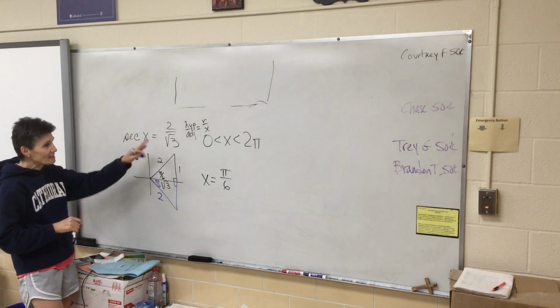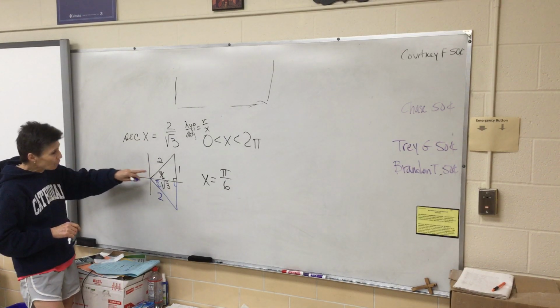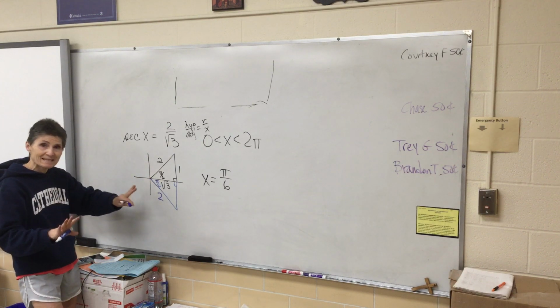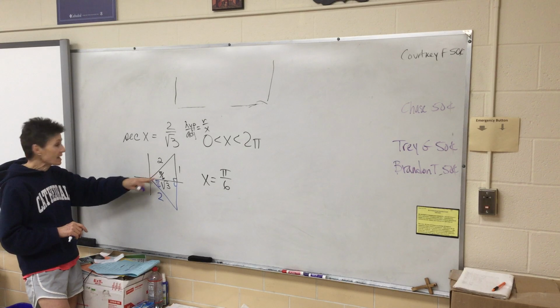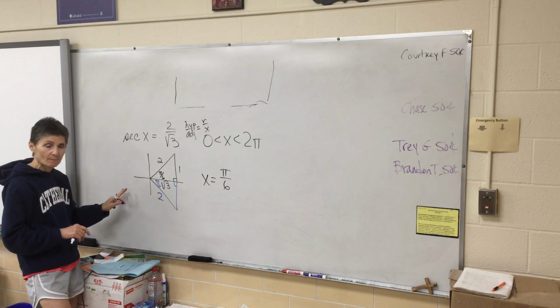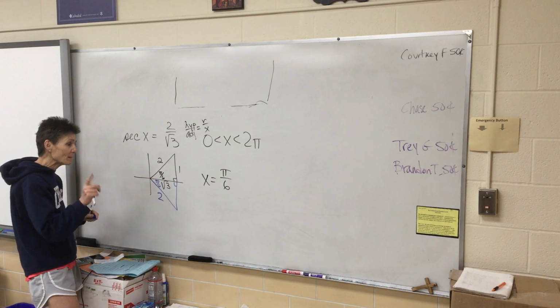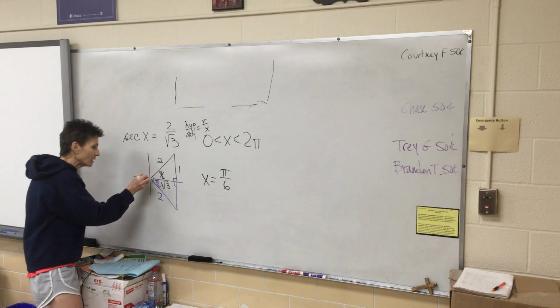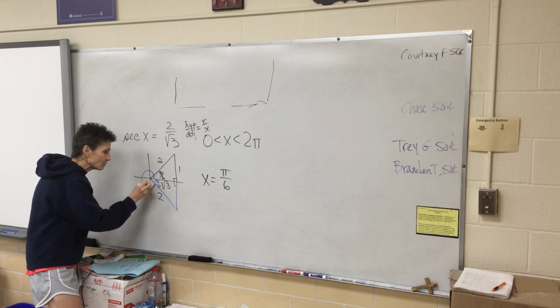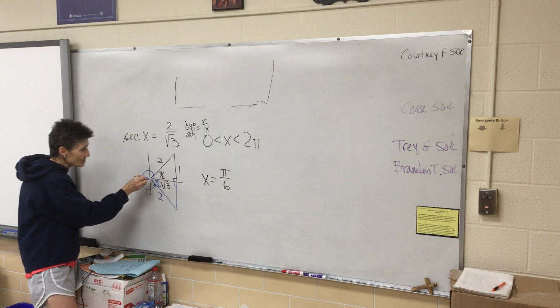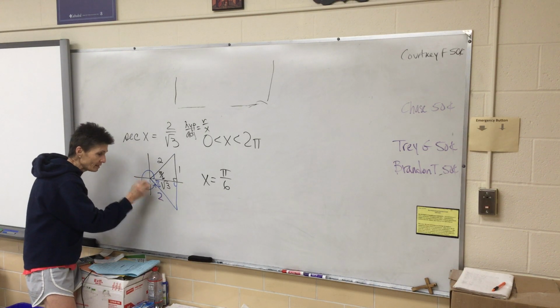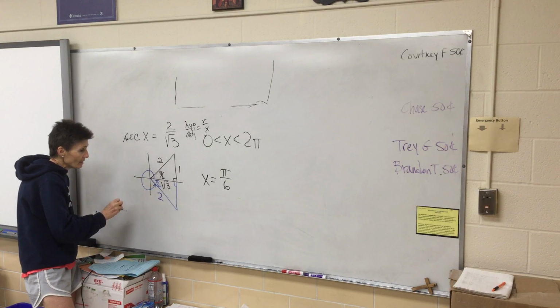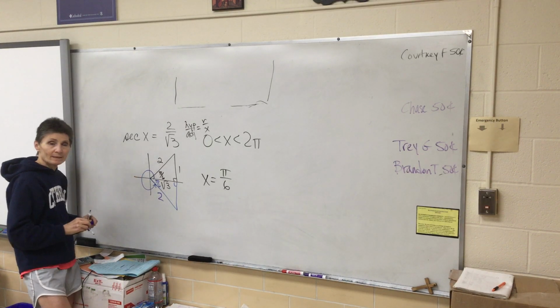When you have these multiple answers, the reference triangles are always exactly the same. They're congruent. So once I figured out that was pi over 6, I knew any other reference angle was going to be pi over 6. So then my other answer to the problem in standard position starts here, goes all the way around to my angle. So how big would that angle be?